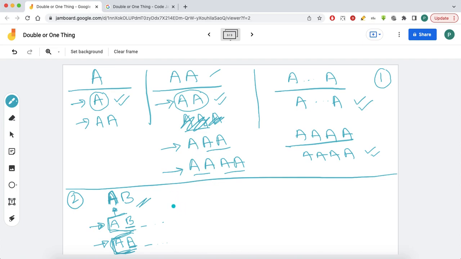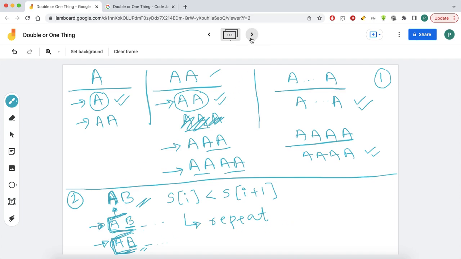So basically what we observe is that if S is the string, and the character at the ith position is less than the character at the I plus 1 position, then we should repeat it, because repeating it gives a smaller string, and by not repeating it we would not get a smaller string. So that is the second observation.